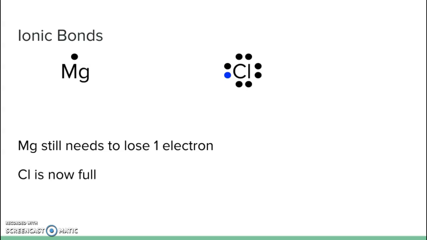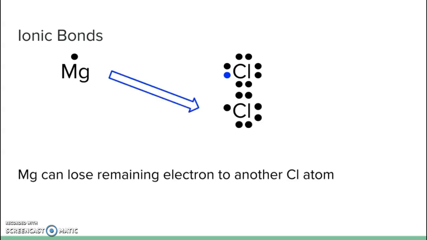How it's going to do that is if I looked and saw that I had another chlorine, okay, I could then give that extra electron over to a second chlorine. So now magnesium has its full octet, and I have 2 ions of chlorine, and they now each have a full octet.